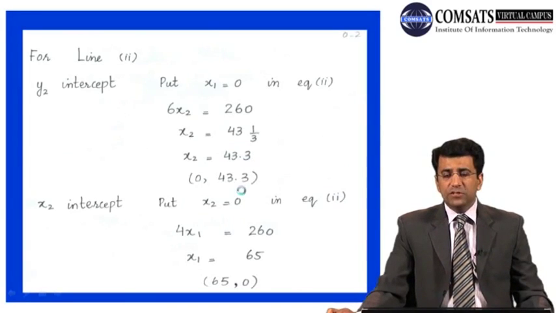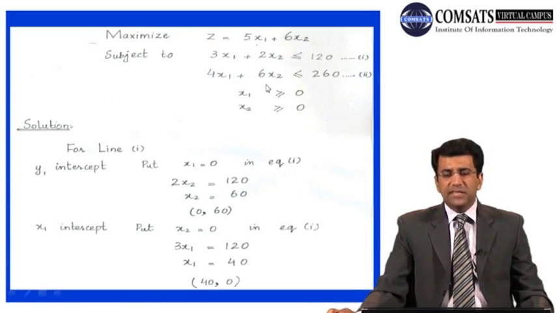Our second equation is 4x1 plus 6x2 is less than or equal to 260. Again, we will convert this inequality into the equation 4x1 plus 6x2 is equal to 260, and then we will put the value of x1 is equal to 0 and get the value of x2. Then we will put x2 is equal to 0 and get the value of x1, as we did in the first constraint.